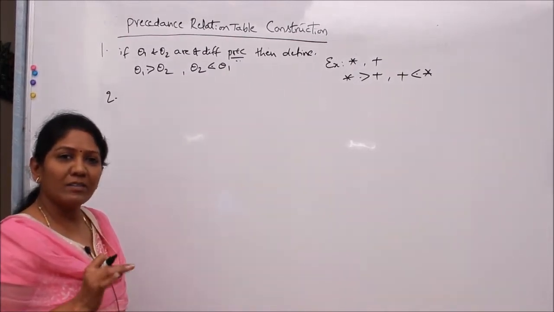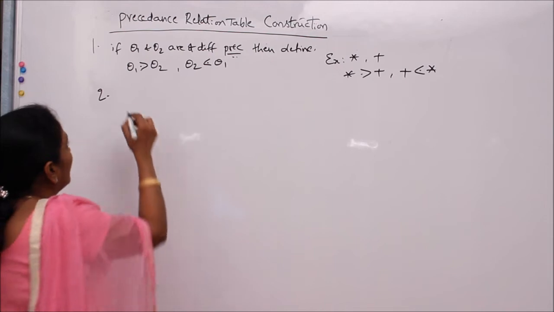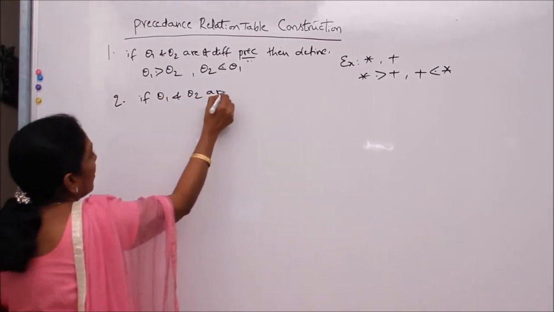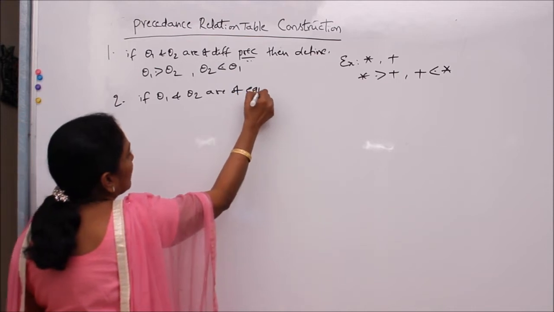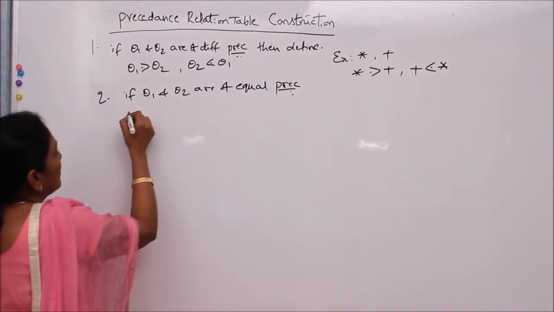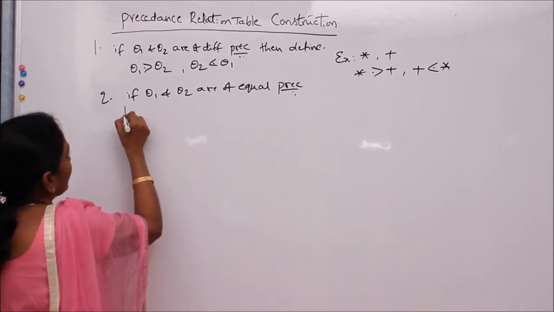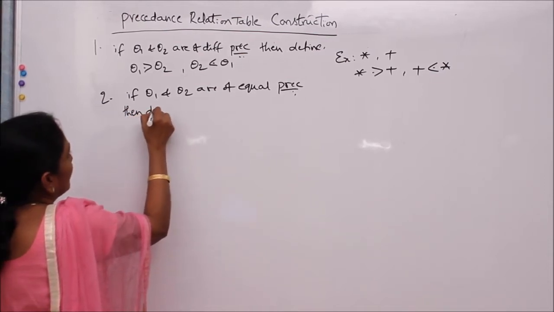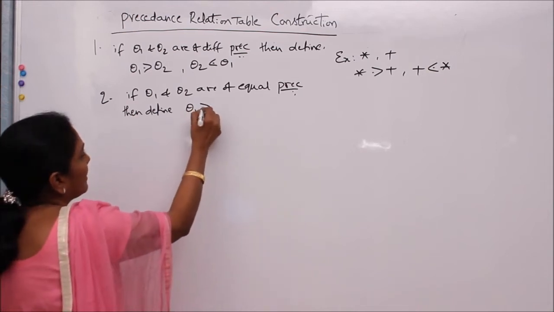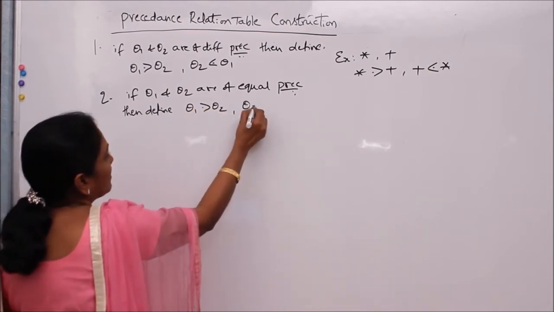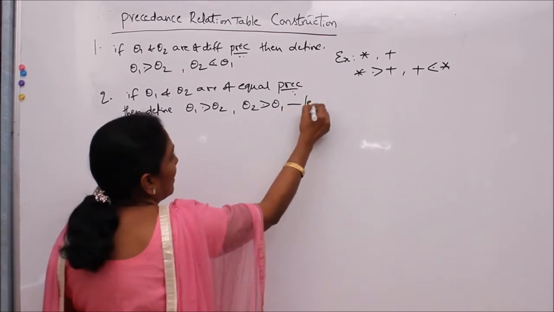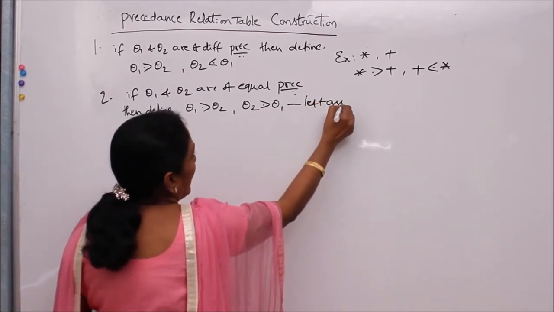If both operators are of equal precedence, if theta 1 and theta 2 are of equal precedence, then we define the rules like this. Theta 1 has greater precedence than theta 2 as well as theta 2 has greater precedence than theta 1 if they are left associative.